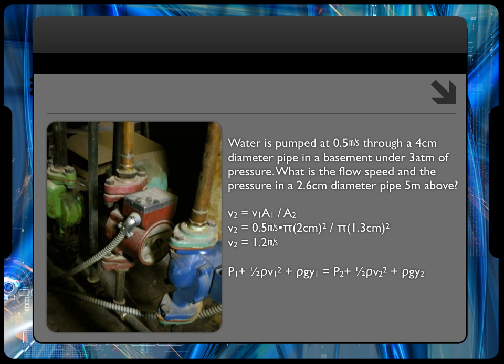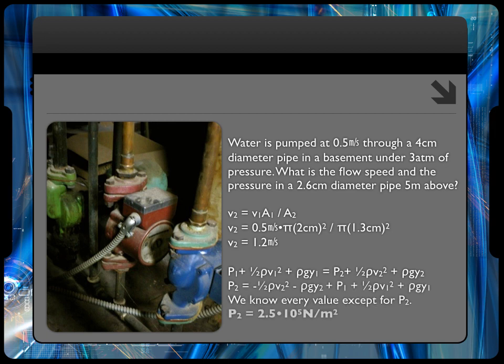It ends up being pretty easy to solve, but annoying to keep track of. So we do a little algebra, plug in the numbers, and find the pressure upstairs. If you want, you can practice it. You should be good at doing a question like this.